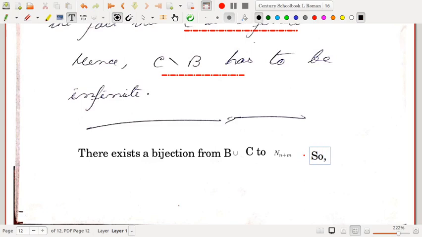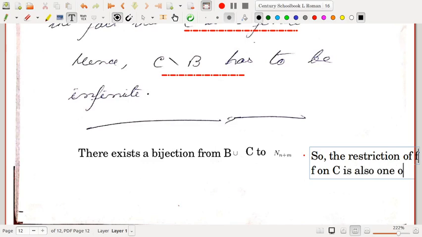But in that case, the restriction of f on C, which is a subset of B union C, is also 1-1.